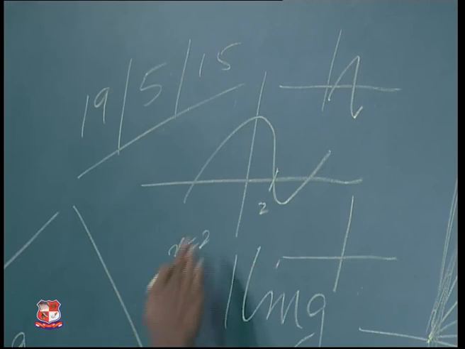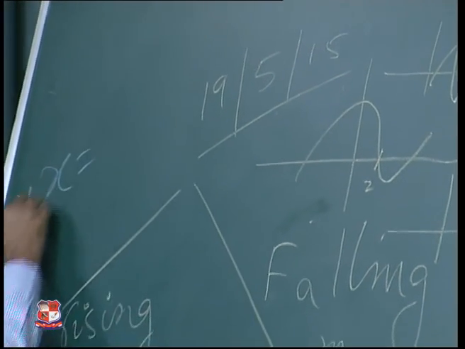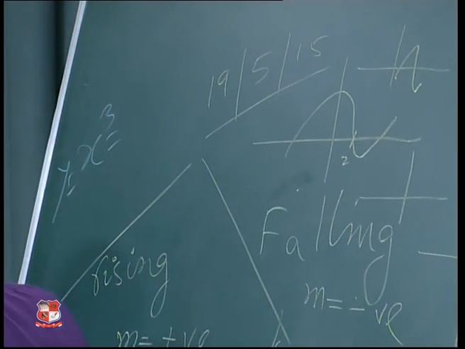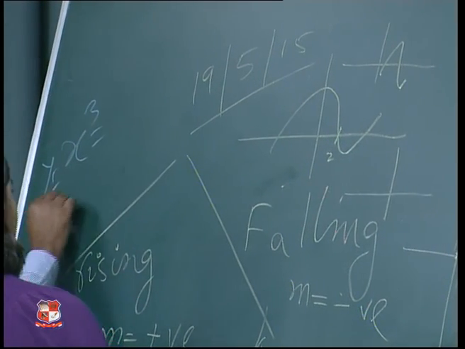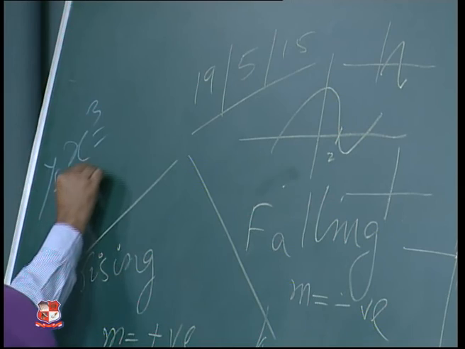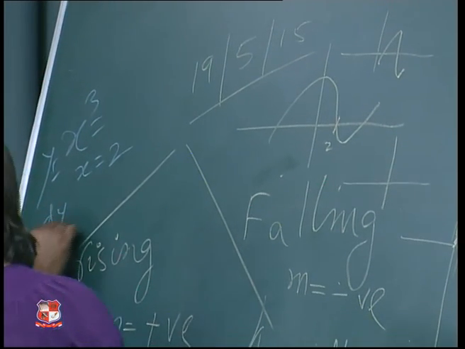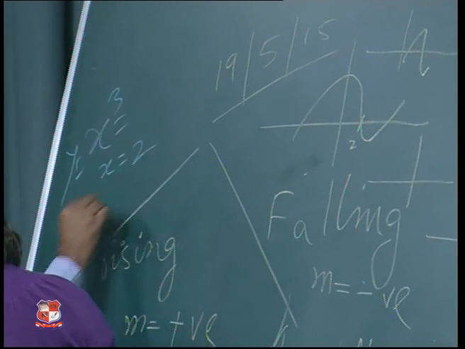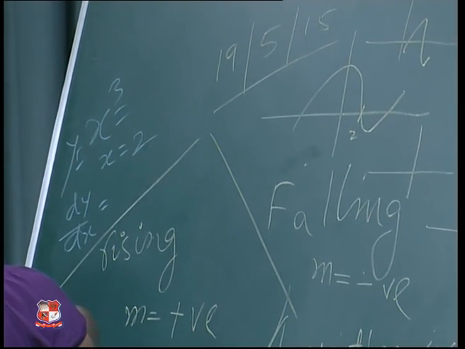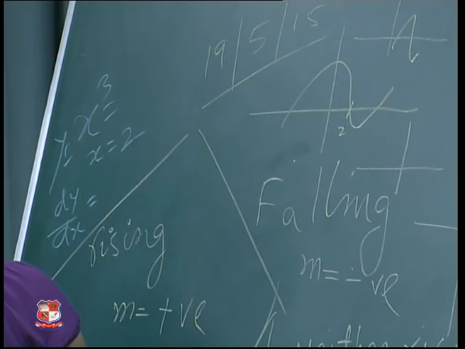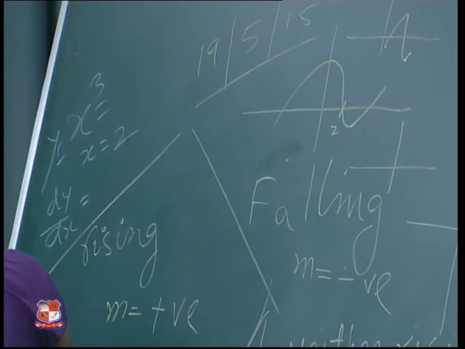This curve you have almost drawn as y is equal to x cube. So, when x is equal to 2, what will be the slope? I mean I wanted dy dx, what will be the dy dx? Okay. So 3x square, then we put 3 into 4, 12. The m will be 12.